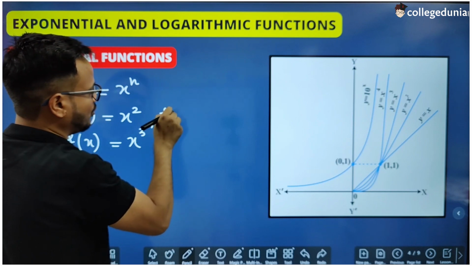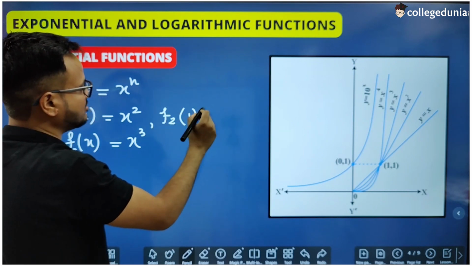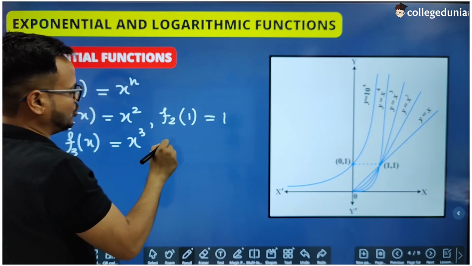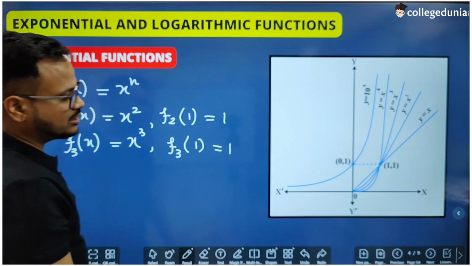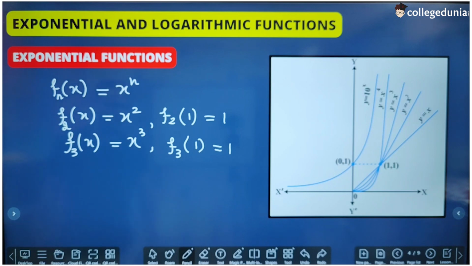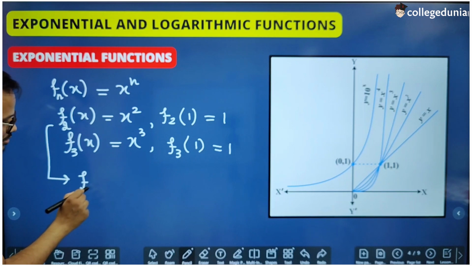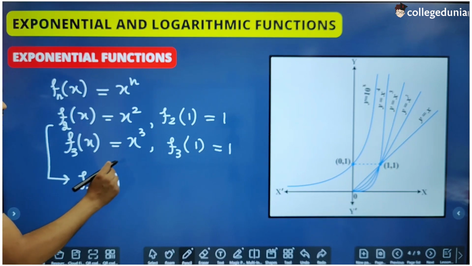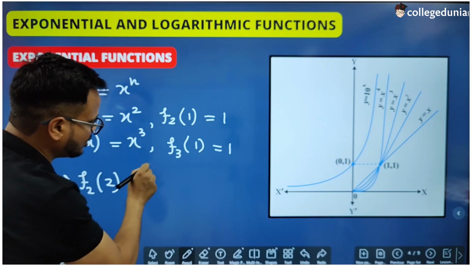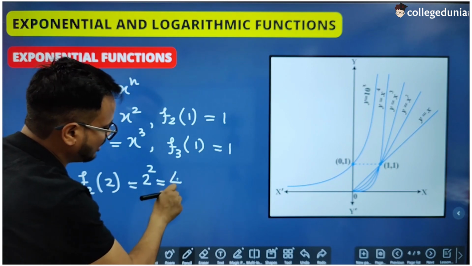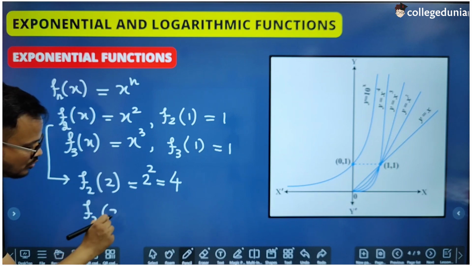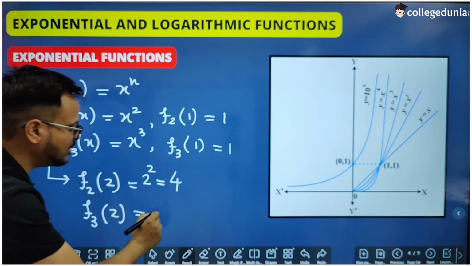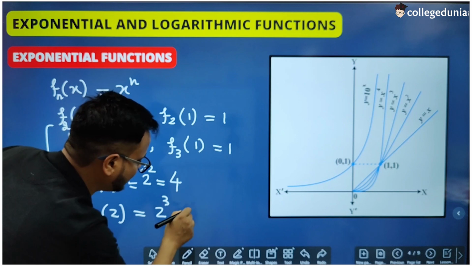Now if we put 1 in this function, we are going to get the value 1, and if we put 1 in this function, again we are going to get the value 1. Now if we put 2 in place of x in this function, then it is 2 raised to power 2, and 2 raised to power 2 is 4. And if we put 2 in this function, that means 2 raised to power 3, and that is 8.